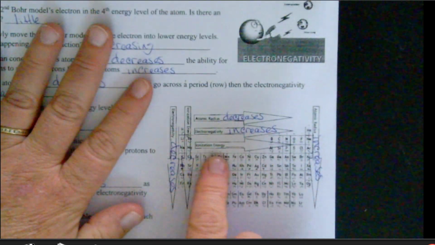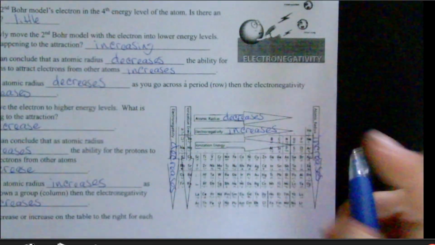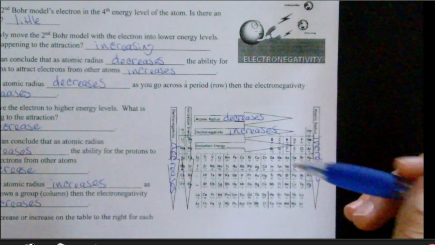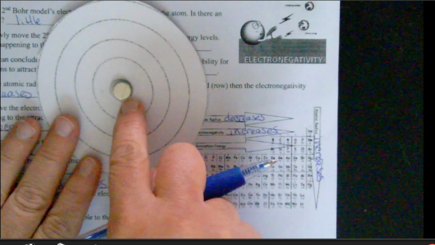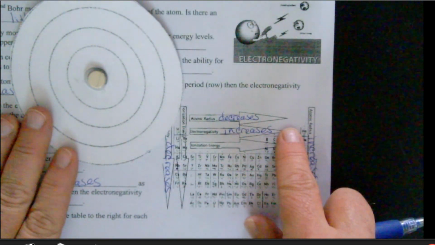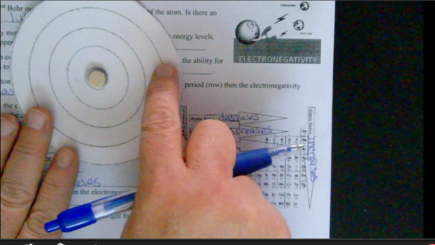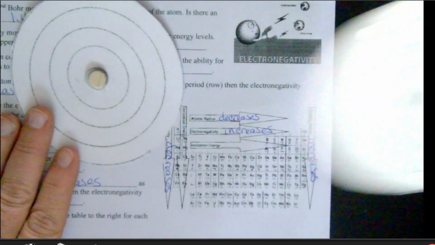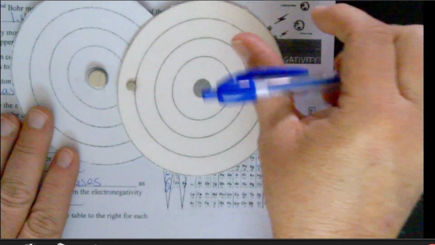Okay. Then we'll talk about ionization energy. Again, ionization energy is driven by that radius. As the atom gets smaller, because the atomic radius as we go across a period is getting tinier and tinier, it can attract electrons from other atoms easier the smaller it is, okay?